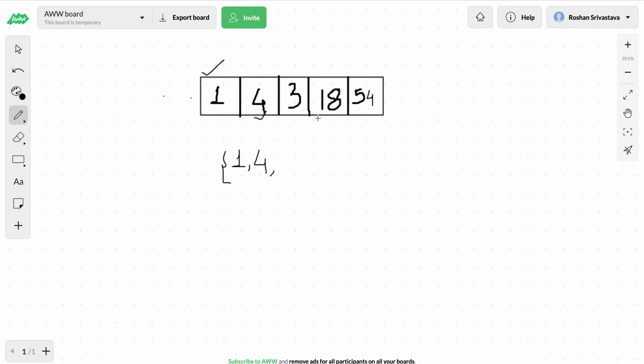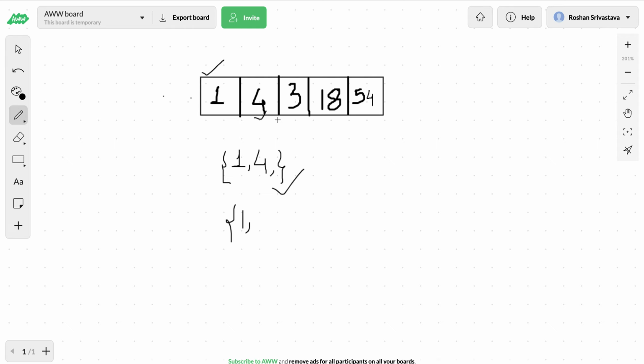The next one we'll consider is 18. 18 is divisible by 1, but 18 is not divisible by 4, so we cannot pick this one. Then we pick 54 as well, and for the same reason 54 also doesn't work. So if we pick 4, the maximum size subset that we can generate is this one only.